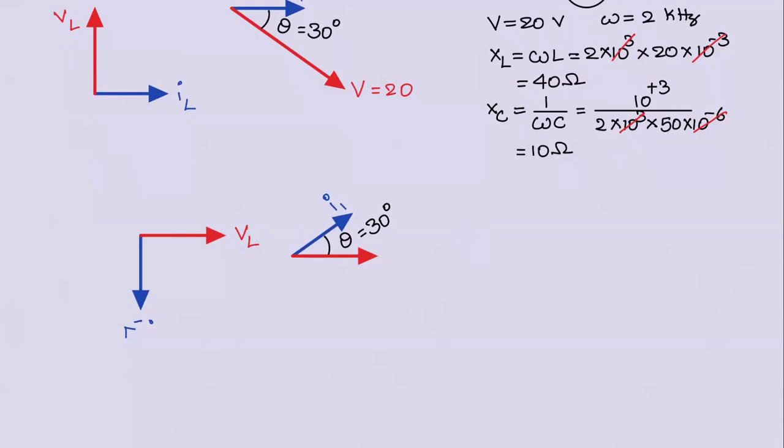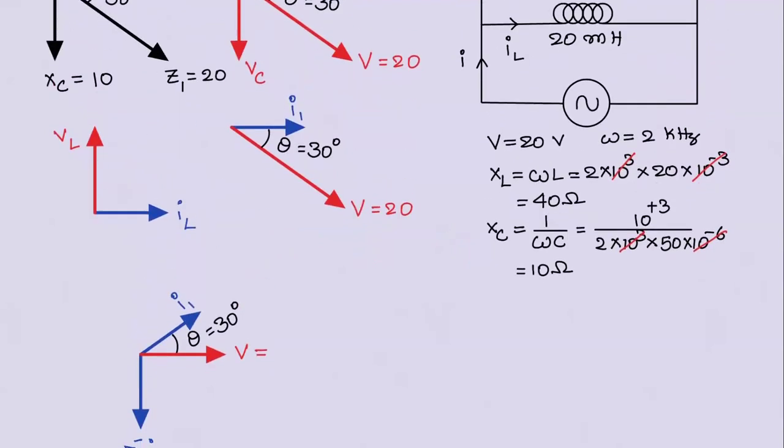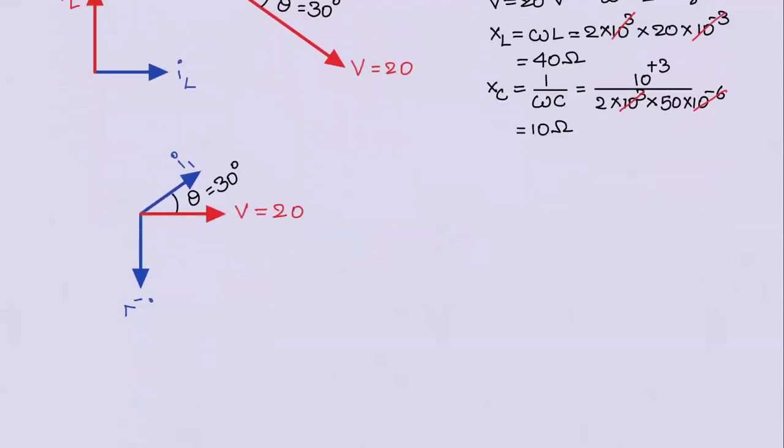For the time being, this angle 30, I'll take it out. Now observe. Superimpose. No, I can bring 30 also, no problem. It won't disturb. Over. VL or V, that's V. V is equal to 20.